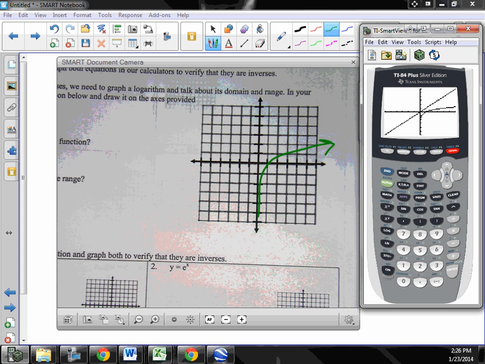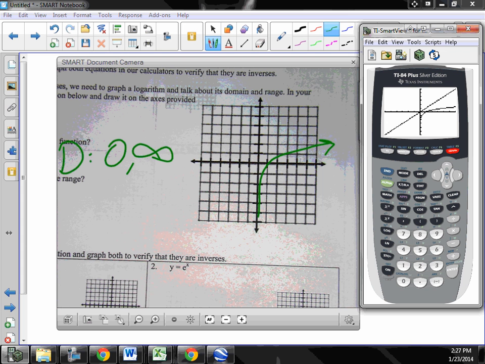Do we include 0? So from 0, the domain is 0 to infinity. 0 counts or doesn't count? Why does it not count? It never reaches 0 because 0 is an asymptote.